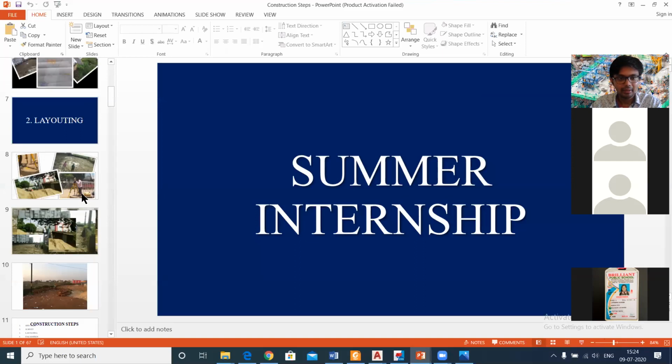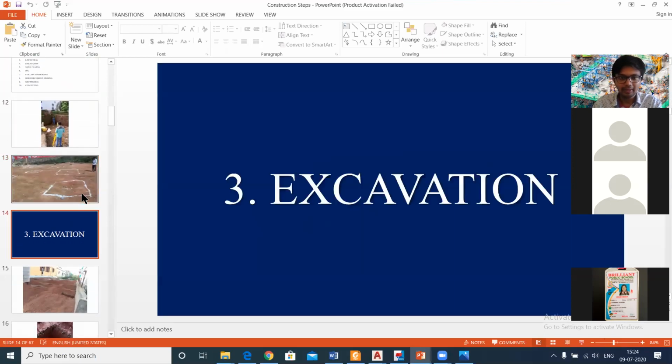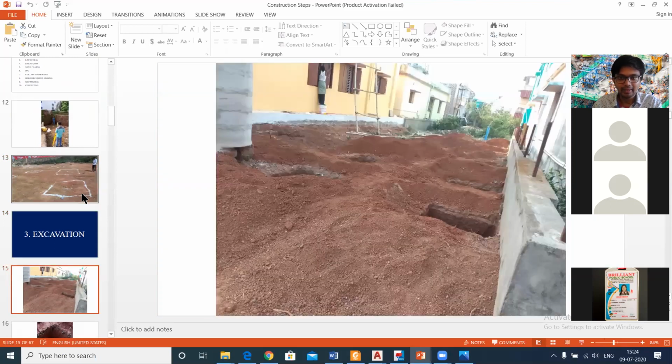Okay, this is a normal type of footing excavation, from a different project, but I'm just showing you what will happen if it is not a pile and it is a normal footing.